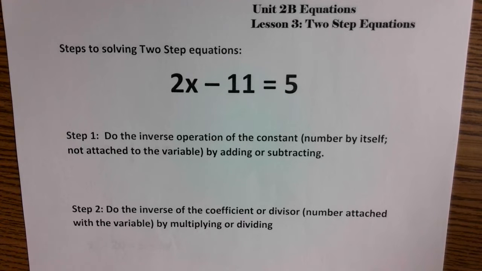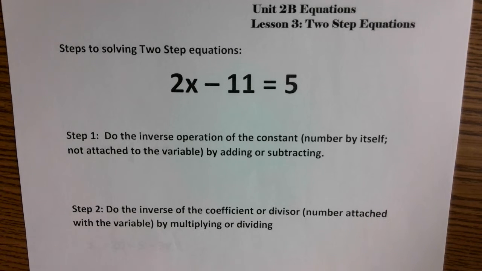Typically speaking, you're doing an inverse operation to addition and subtraction, and you're doing an inverse operation to either multiplication or division. Those would be the two steps. So you're going to either add and multiply, or you're going to subtract and multiply, or you're going to add and divide, or you're going to subtract and divide. Okay, so you've got two operations that you're going to be performing.